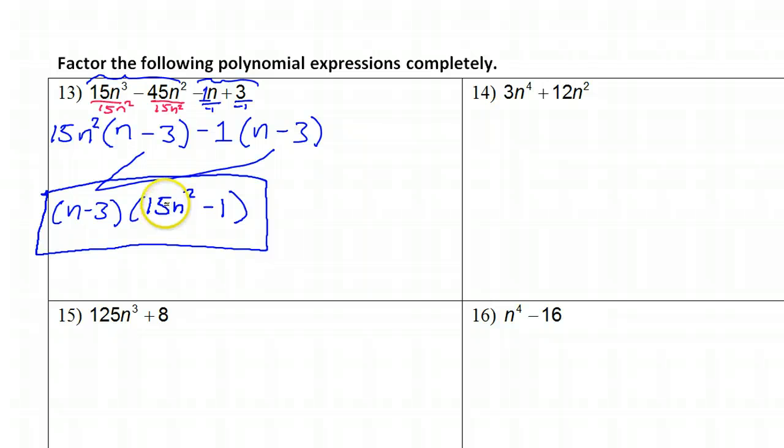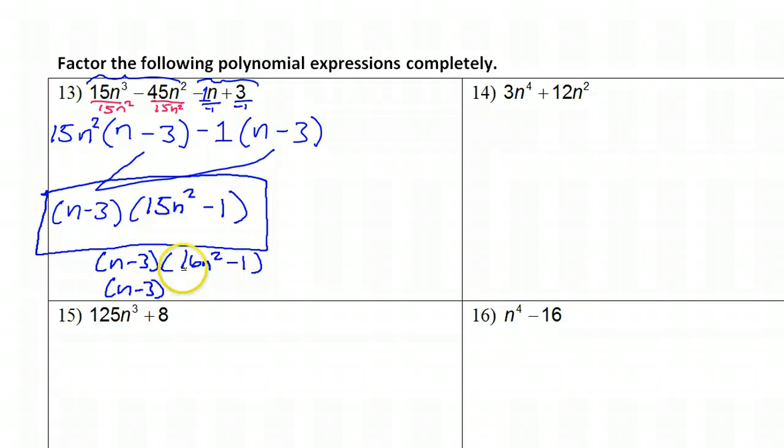That's because 15 is not a perfect square. Please understand that if, say, this had been n minus 3 times 16n squared minus 1, say this had been a 16 instead of 15, I would not have stopped here. I would have kept going. I would have done n minus 3.